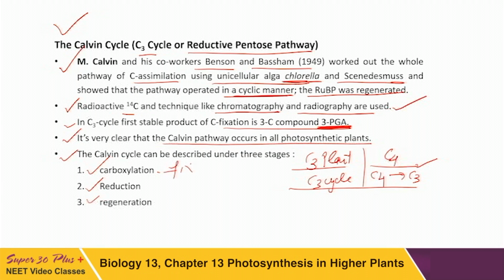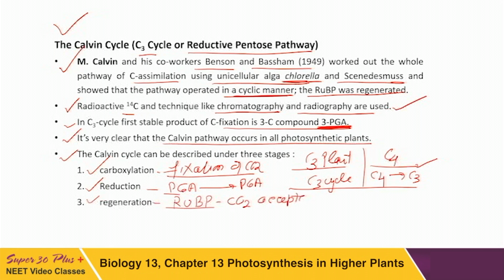Then the product, phosphoglyceric acid, which is produced, will be reduced into phosphoglyceric aldehyde. And then regeneration: the carbon dioxide acceptor, RuBP, ribulose bisphosphate, has to be regenerated, which acts as the CO2 acceptor. Is it clear?